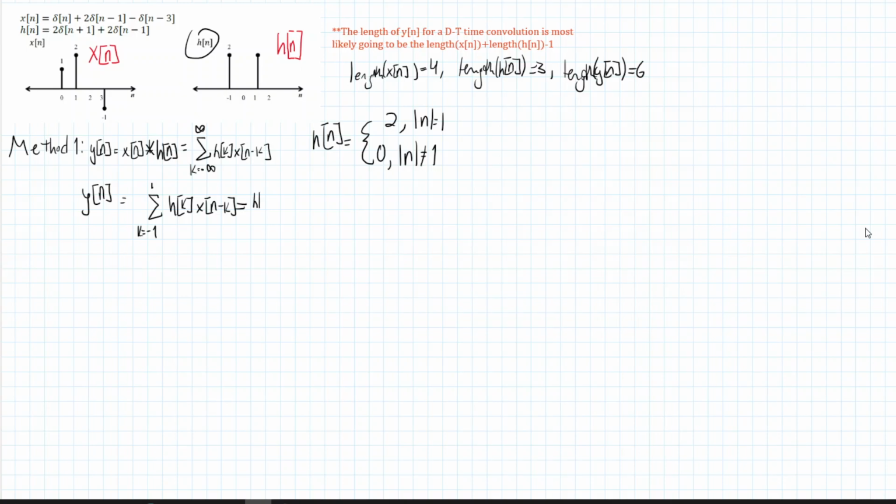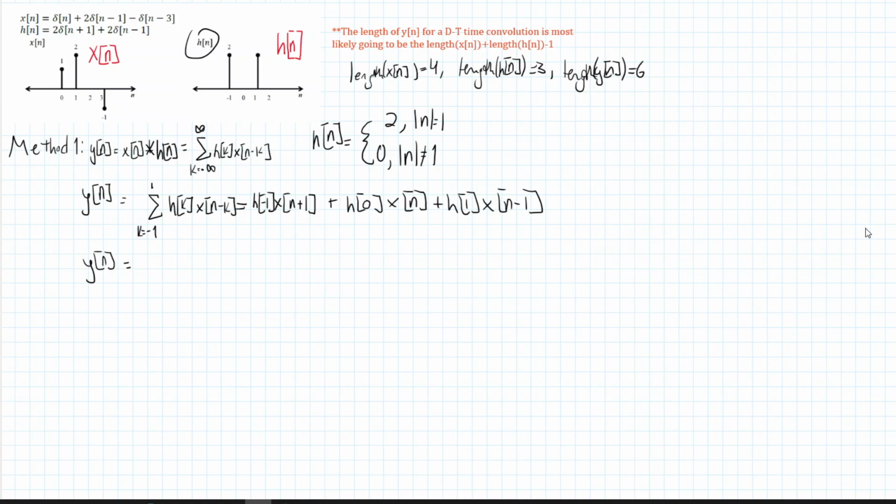So we have h of negative 1 times x of n minus negative 1, so that's x of n plus 1, plus h of 0 times x of n, plus h of 1 times x of n minus 1. And we'll just keep working it down one by one, step by step.